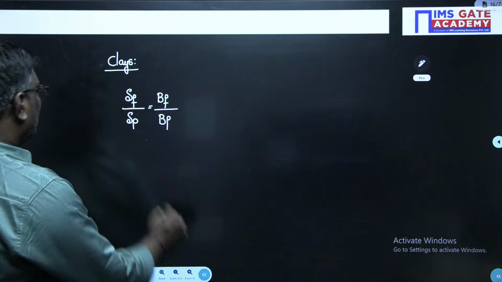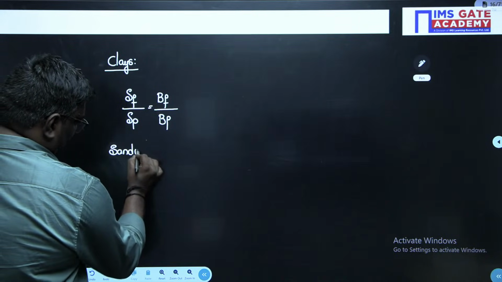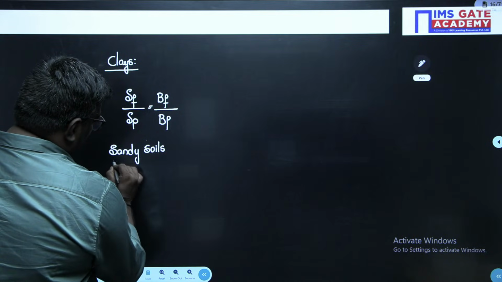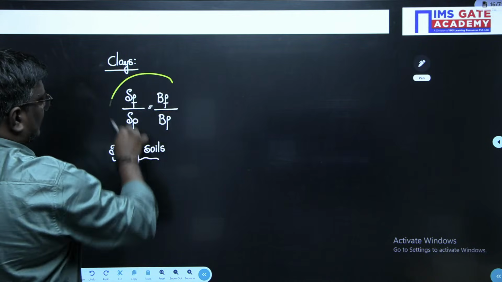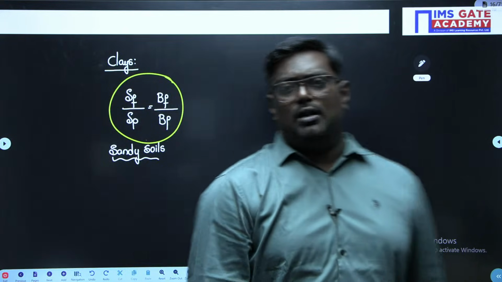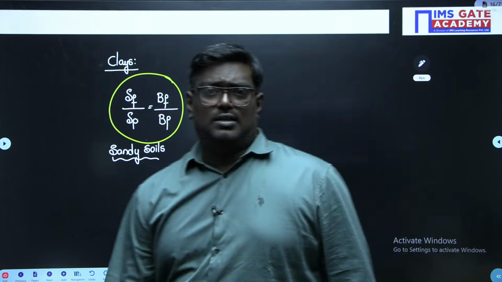If they ask you for sandy soils, these formulas are very important. Sir, SF by SP. What is SF? Settlement of foundation. What is SP? Settlement of plate. What is BF? Breadth of the foundation. What is BP? Breadth of the plate.